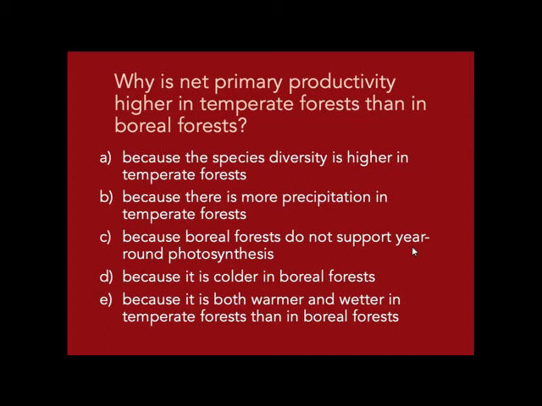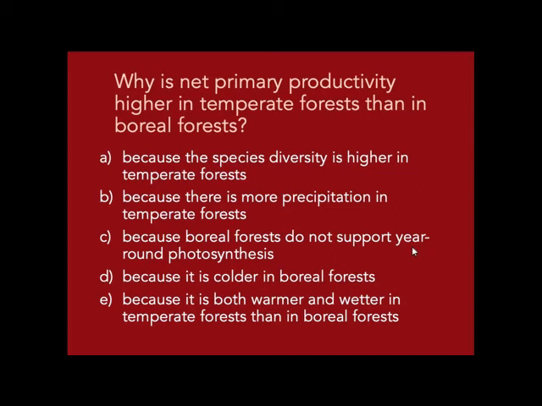Yeah. All right, because the species diversity is higher in temperate forests. I mean, that statement is true. The statement is true. We don't know if that's why net primary productivity is higher. Is it because there's more precipitation in temperate forests? Oh yeah, that could be. Because boreal forests do not support year-round photosynthesis?